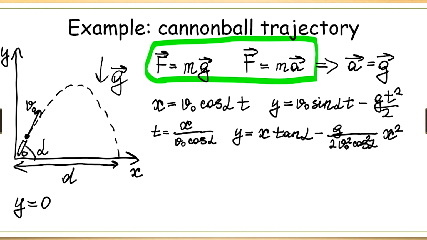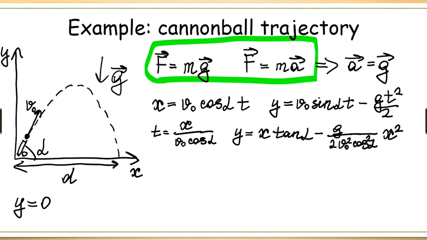Let's see if we can also find the distance covered by the cannonball. To find it, we must find the second point where the cannonball crosses the line y equals 0. So the condition on the point where it falls onto the Earth surface is y equals 0.